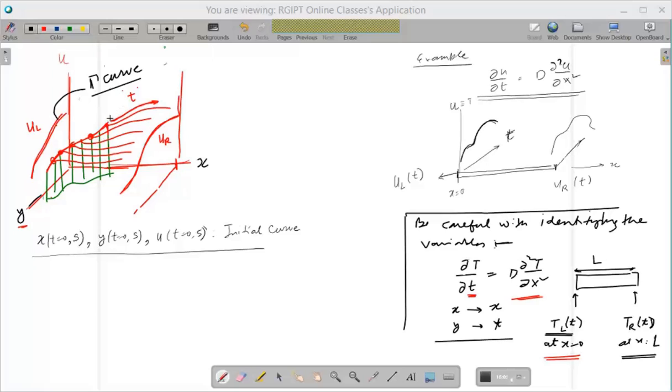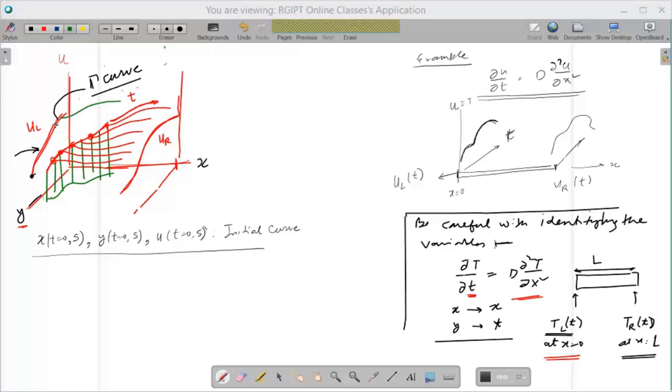So anyway, this is how it works, starting with the initial gamma curve. For example, if I had this curve, then from each point I'm able to find another curve as the time-like parameter value changes.